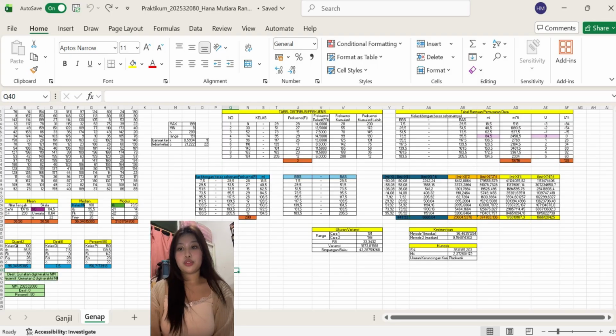For the modus, which is the value that appears most frequently, we identify the class with the highest frequency. This occurs in the interval 74 to 95 with a frequency of 29.